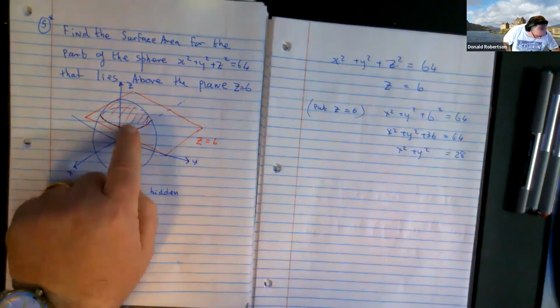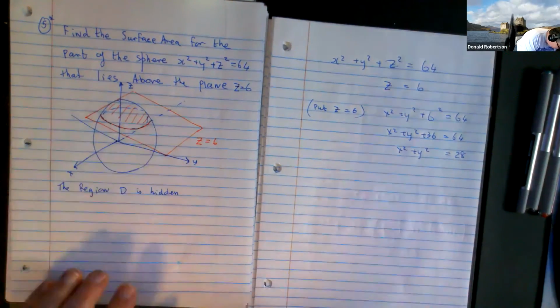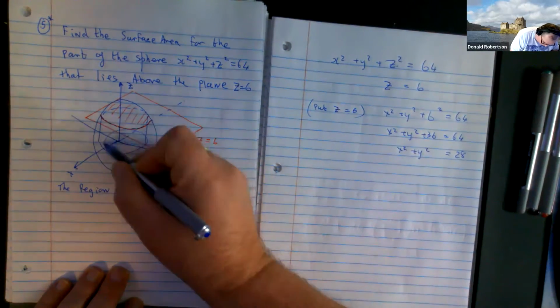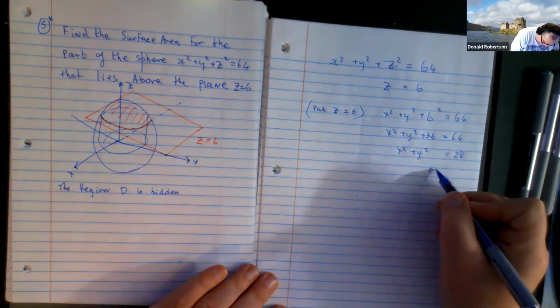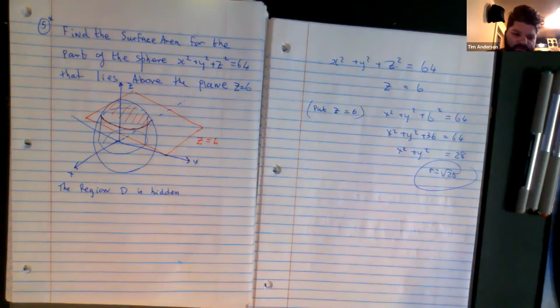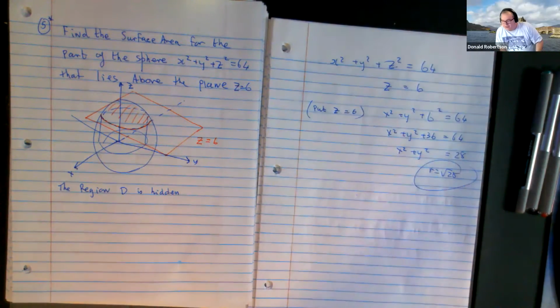So that circle, that thing there, if you projected it onto the floor, wouldn't you get a circle of radius the square root of 28? And that's what we needed. It's kind of like the cylinder in a box question that we had earlier on surface area. Yeah, I mean, it is now a cylinder, isn't it? It's a cylinder going up.